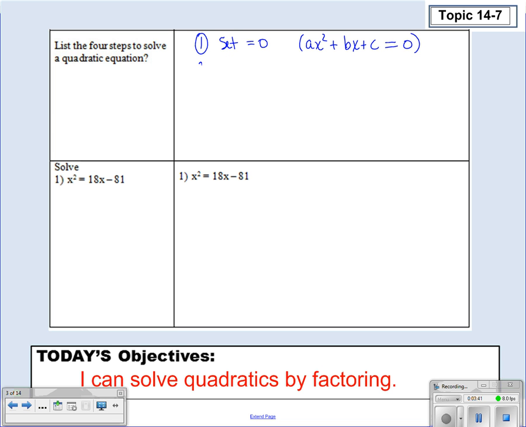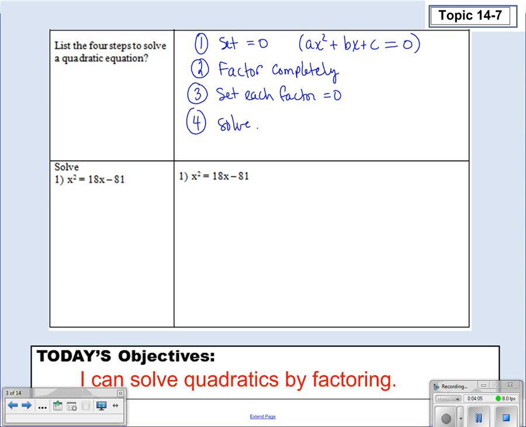Our second step was that you have to factor that equation completely. Third step was to set each factor equal to 0. And then our last step was to solve for the variable.